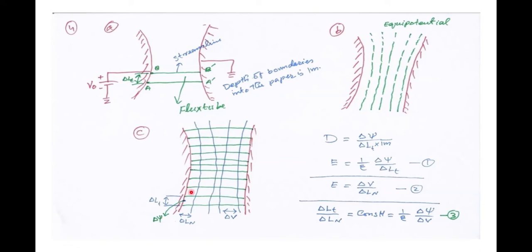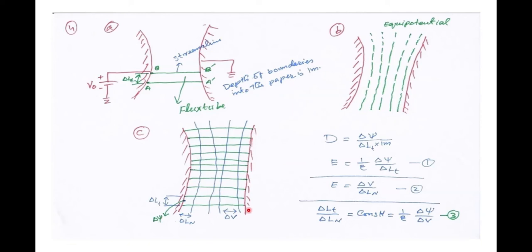Similarly, if I consider this one, again delta psi flux originates from the left side and terminates on the right side. Likewise, in all flux tubes, the flux is directed from the left side to the right side, and the equipotential surfaces produce the curvilinear squares.